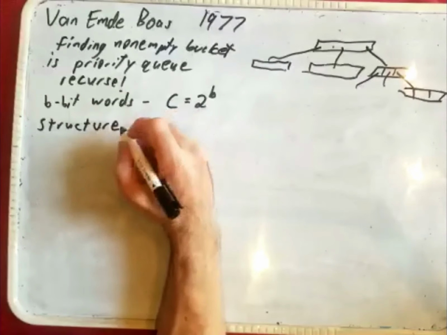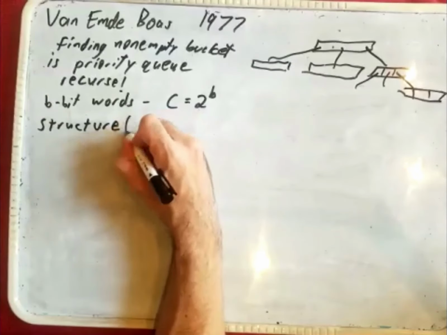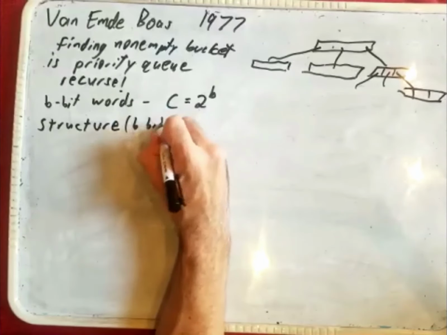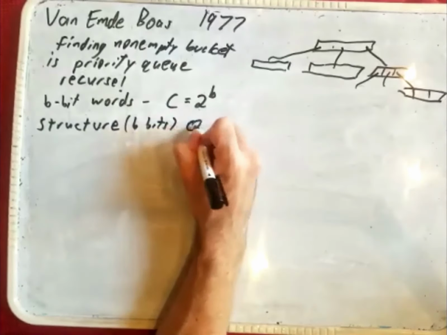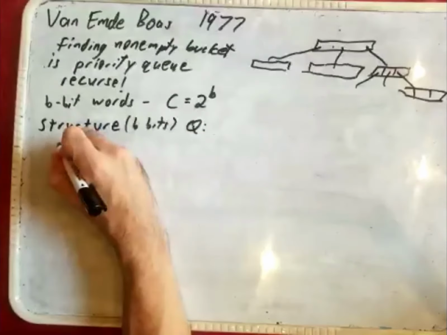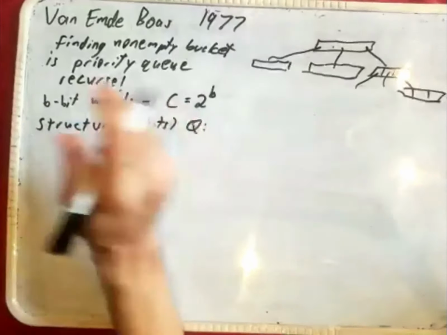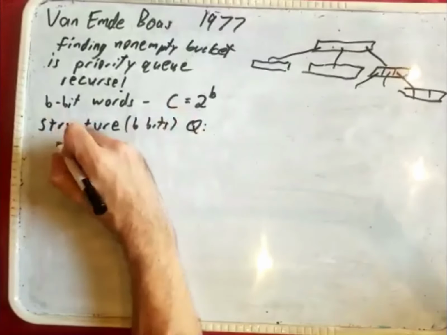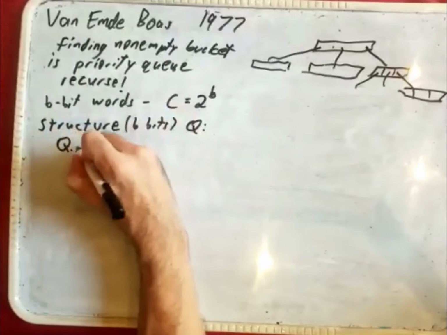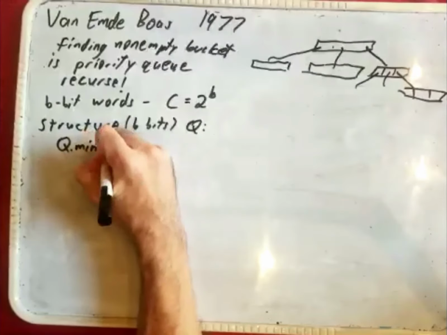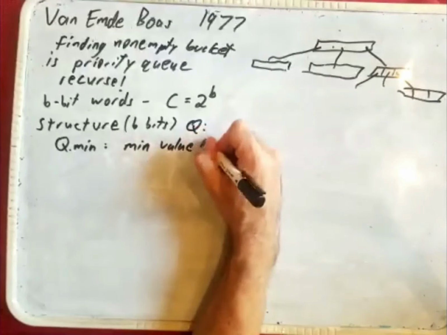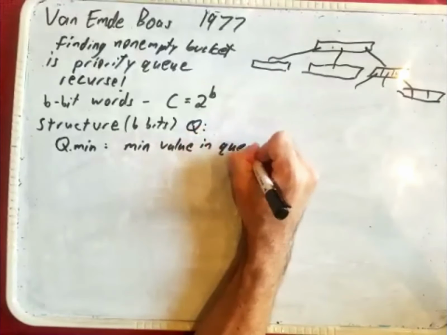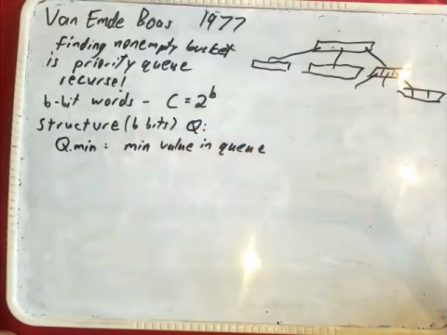So a Van Emde Boas priority queue on B bits, which I will call Q, stores the minimum value in the entire queue. It actually sets it aside.